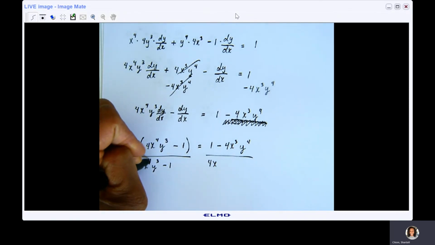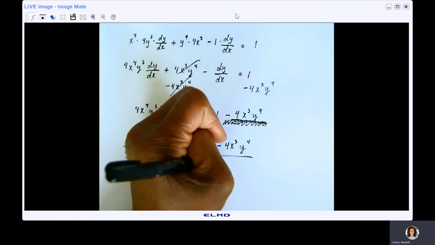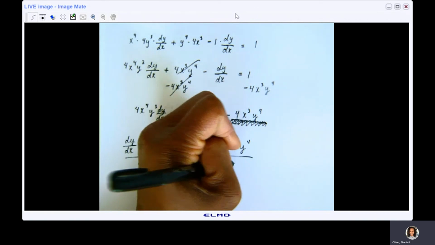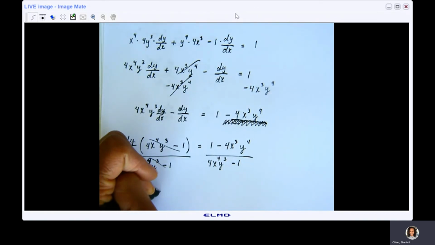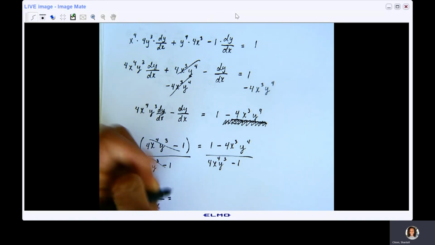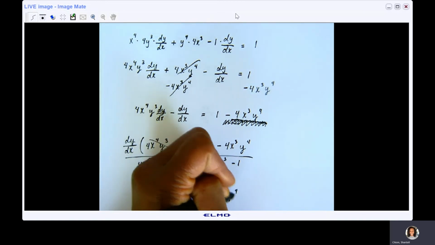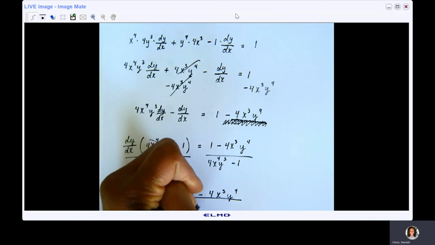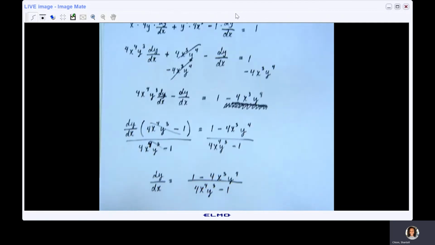That's minus 4. And I'm dividing by this on both sides. Cancel this. So dy over dx equals 1 minus 4x cubed y to the 4th over 4x to the 4th y cubed minus 1.